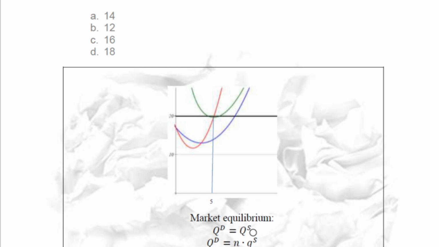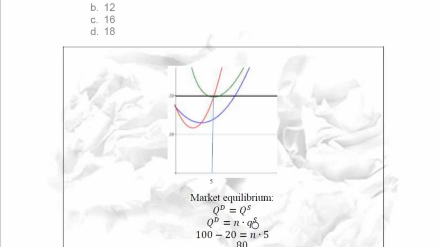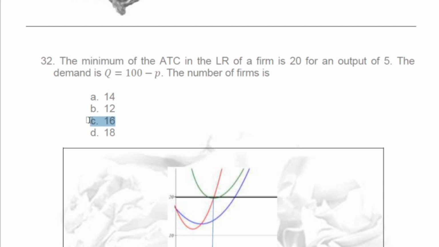Now the demand is 100 minus the price, 100 minus 20 is 80, and the quantity supplied is the number of firms times the quantity each firm produces, assuming all the firms in the long run have the same total cost, which is reasonable. Then 5 is the quantity each firm produces, so 80 divided by 5 is 16. 16 firms will be active in the long run.